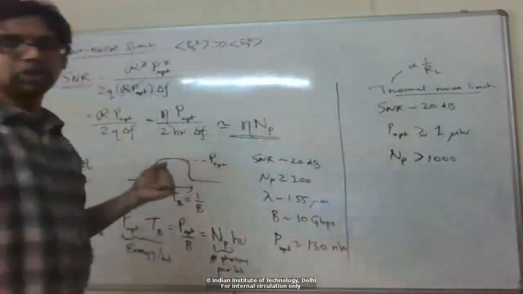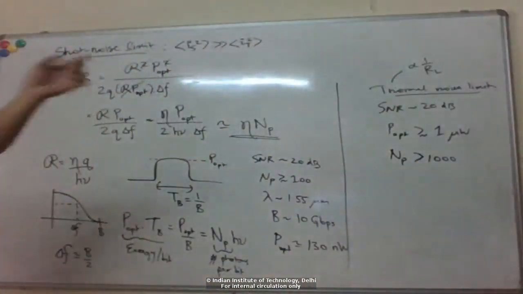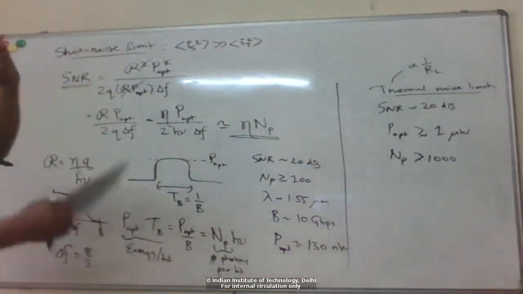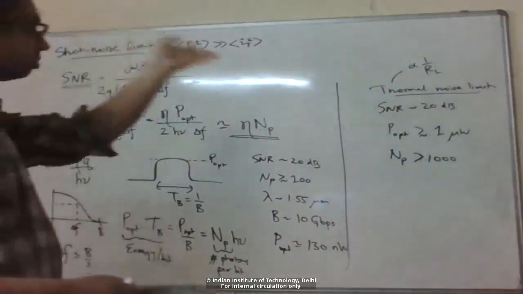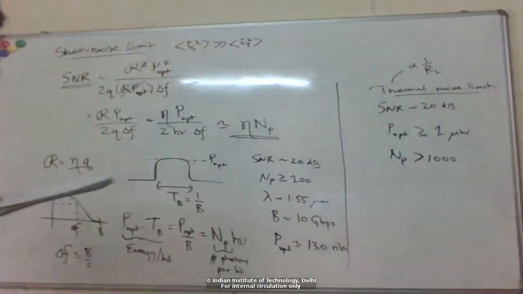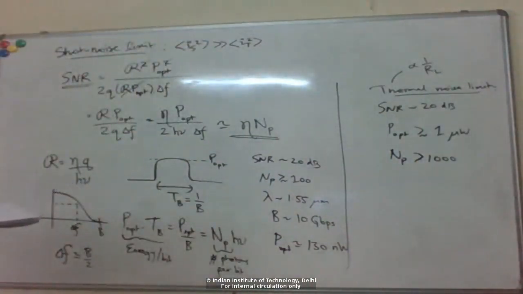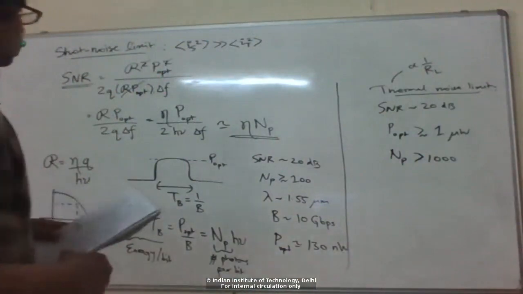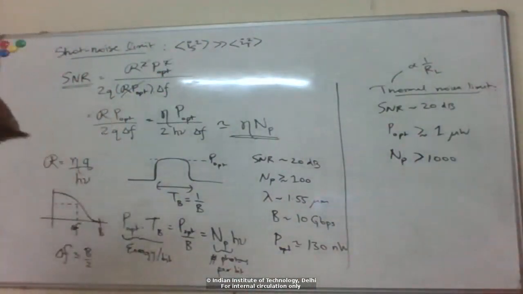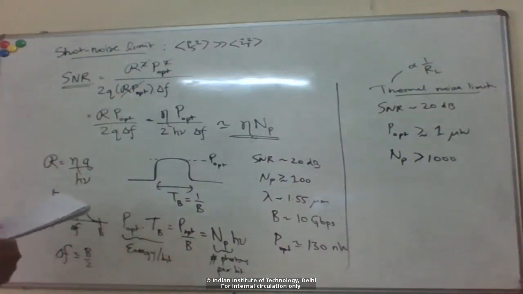And then you might be in the shot noise limit for high values of load resistance. But then, yeah, that limits your bandwidth of operation. Okay, so that's sort of the level of noise we have for pin photo receivers.